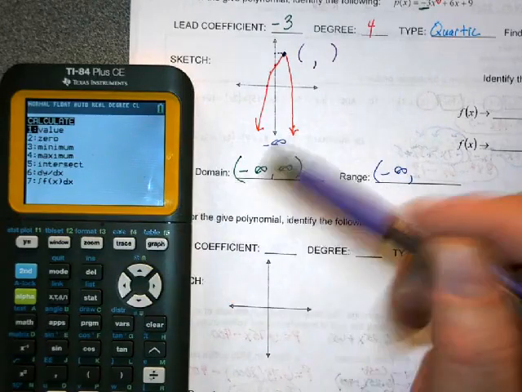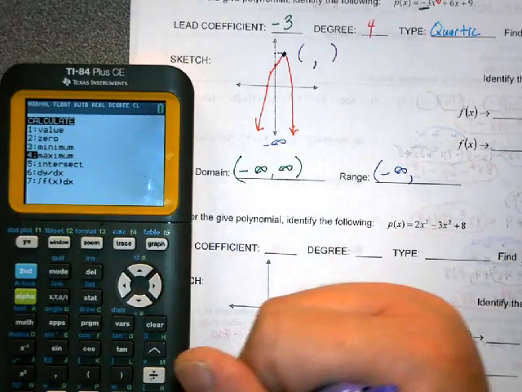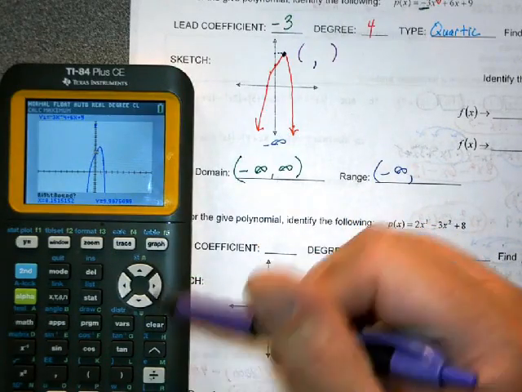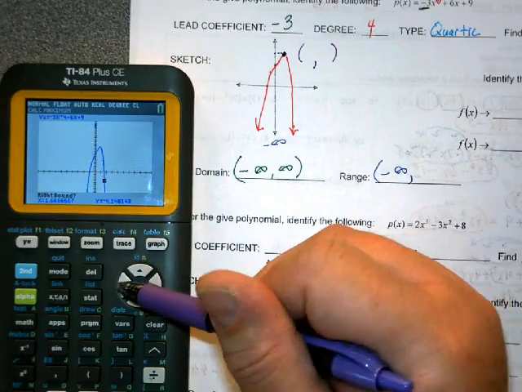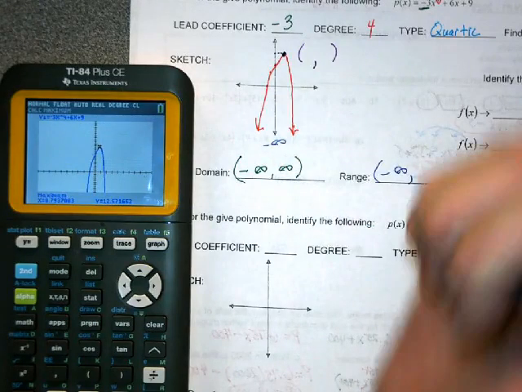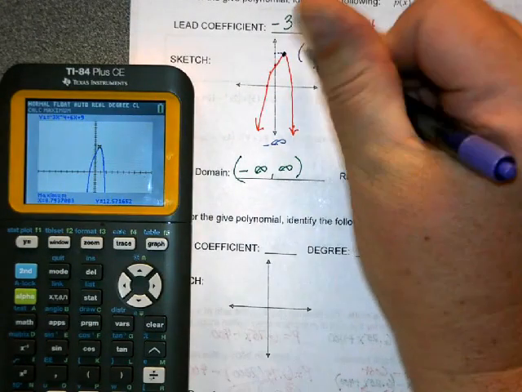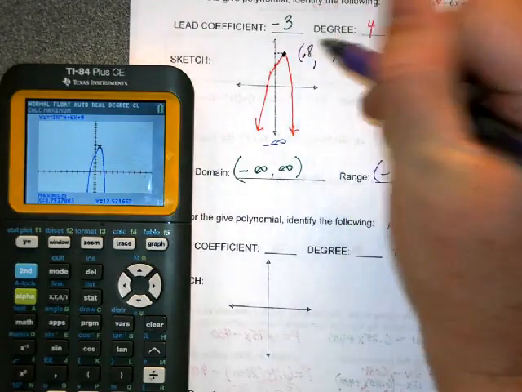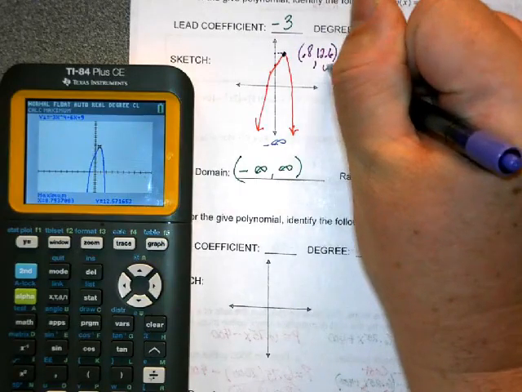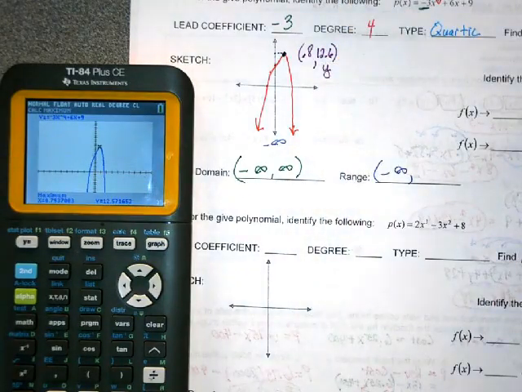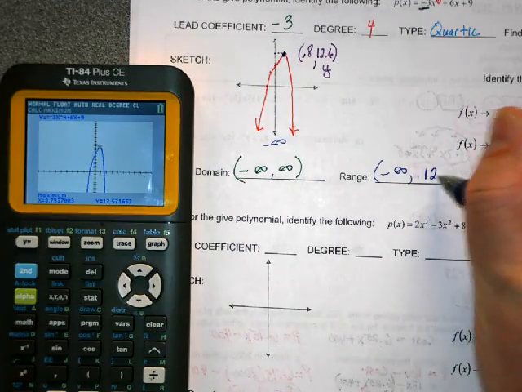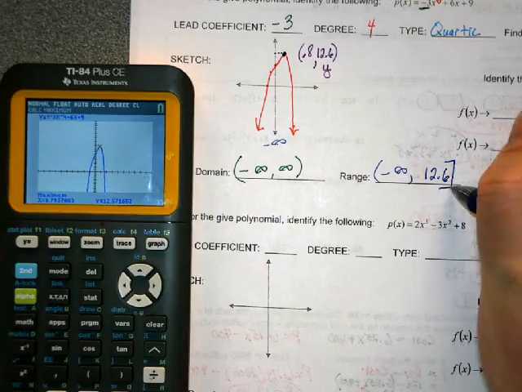Hit enter. I need a left bound. Hit enter. Right bound. Enter. Enter. And I got like 0.8, comma 12.6. This is my Y value, right? So that's my highest y, 12.6. And it includes that point. So there's my range.